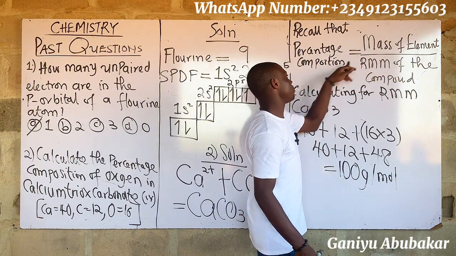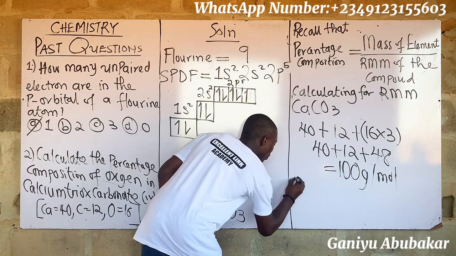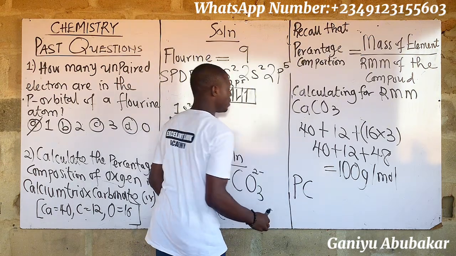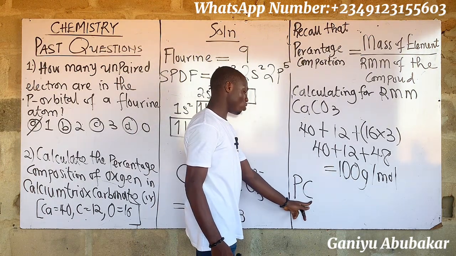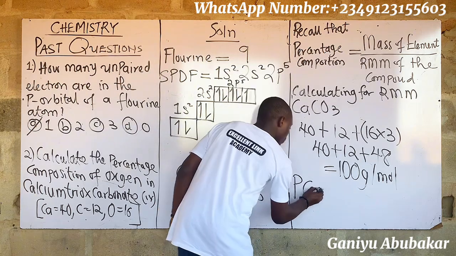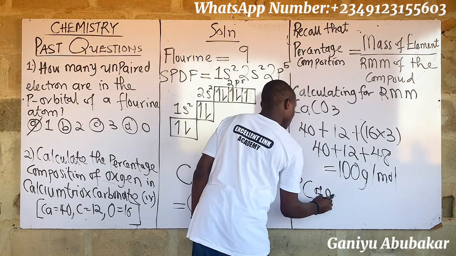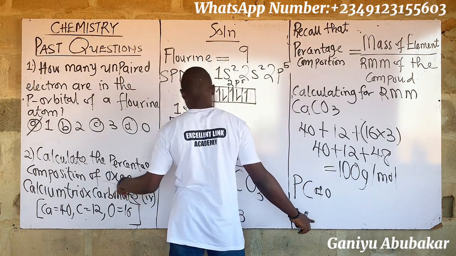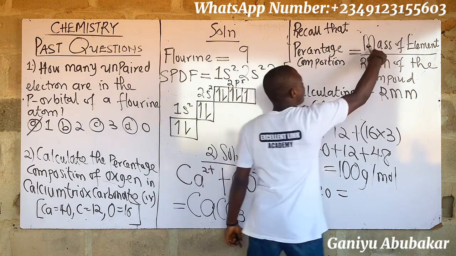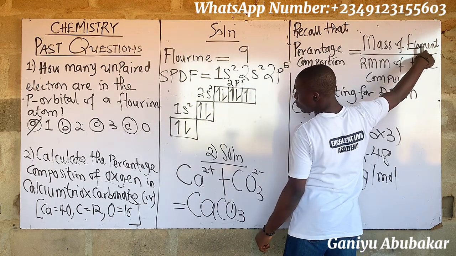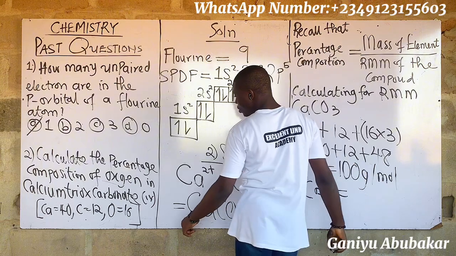So now I can get the percentage composition. Let me call PC the percentage composition of oxygen. It is equal to the mass of the element I'm considering, oxygen. What's the mass of oxygen? 16.